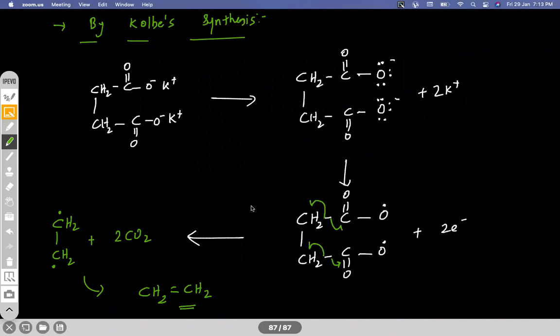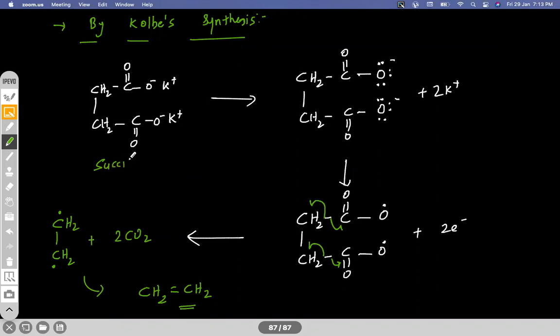See, in this one, it is an ion, right? 4 carbon atoms we have, we call it succinate ion. If you have CH2 C double bond OOH, CH2 C double bond OH, that is succinic acid.